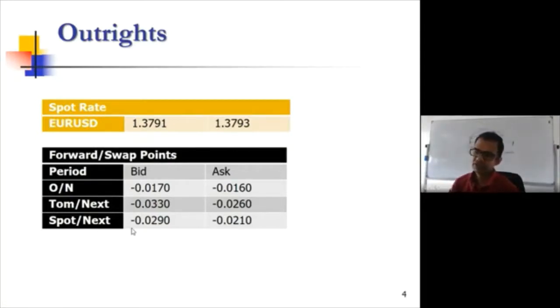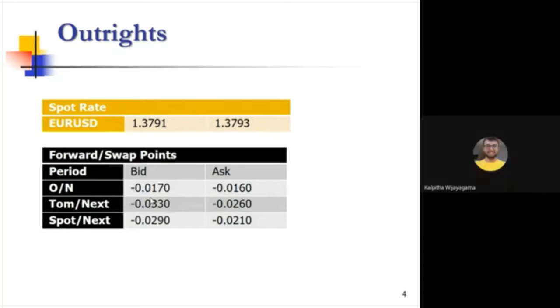You can use the normal practice that we had, because it is beyond spot. But the cash transaction and the Tom transactions are before spot. Then we have to do the reverse. Instead of adding swap points, we have to subtract swap points.